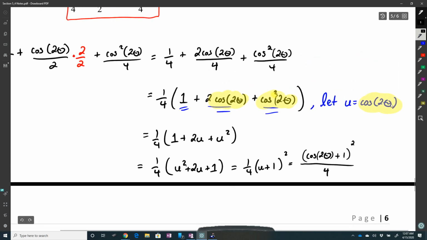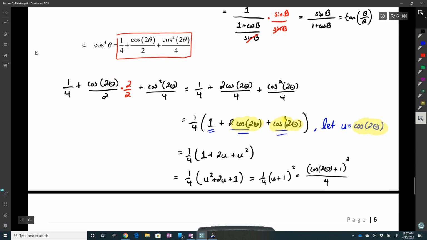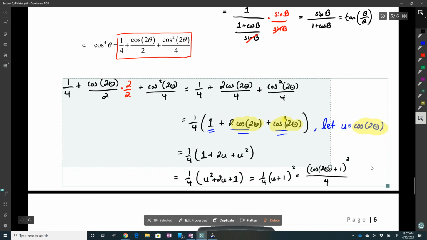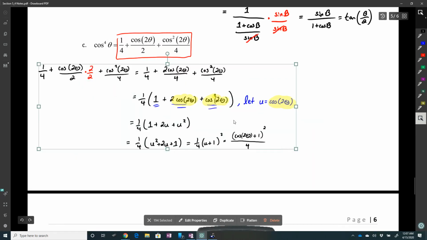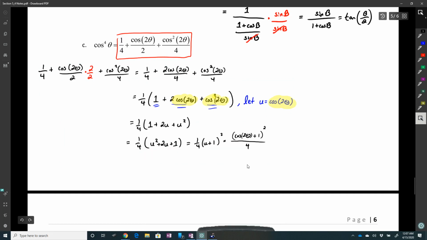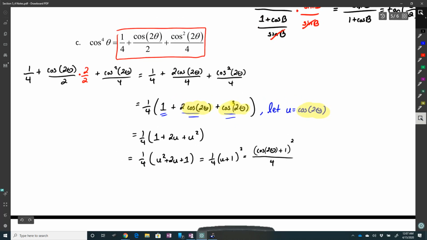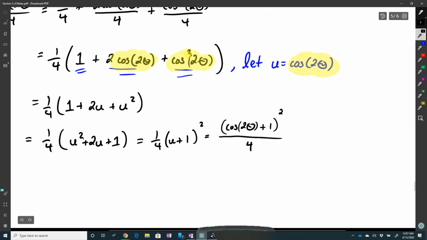Let me shrink everything again. I don't like this section. It's the nastiest of the 4 sections we've done just because of all the fractions involved. But anyway, so we end up with this, but notice that 4 is just 2 squared.